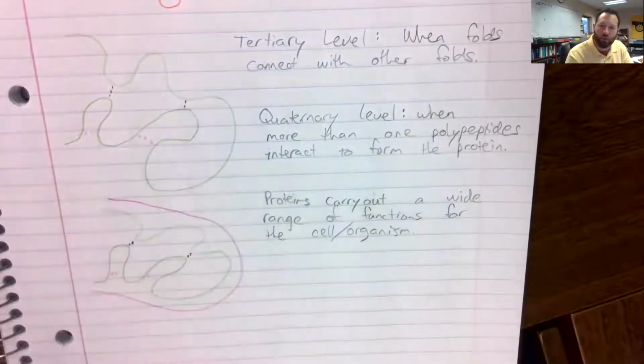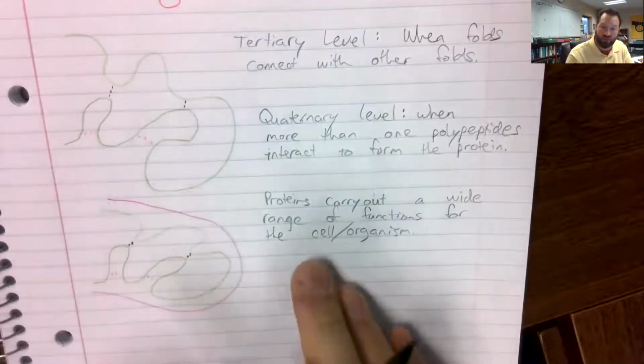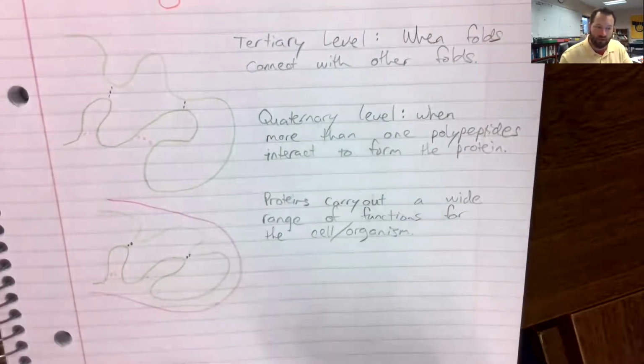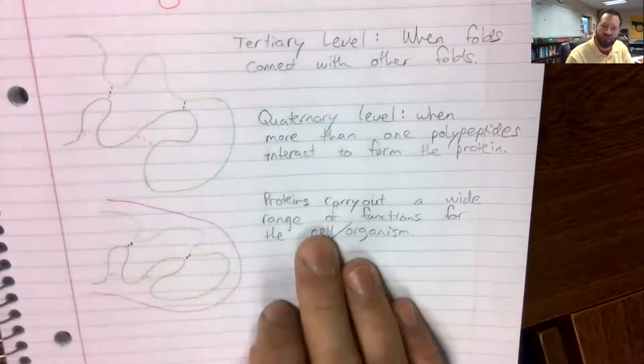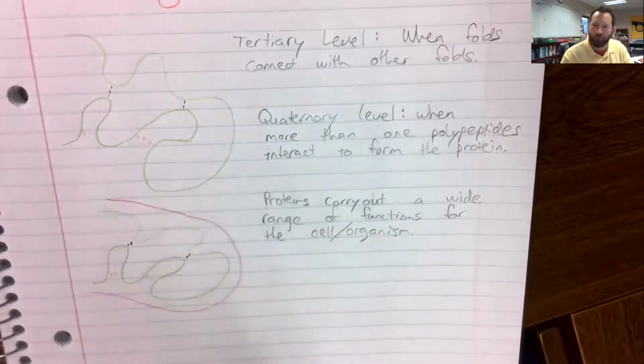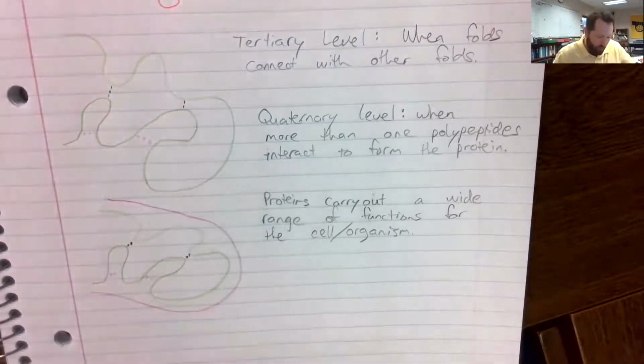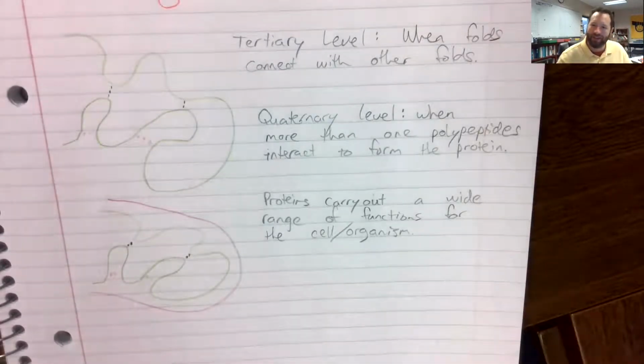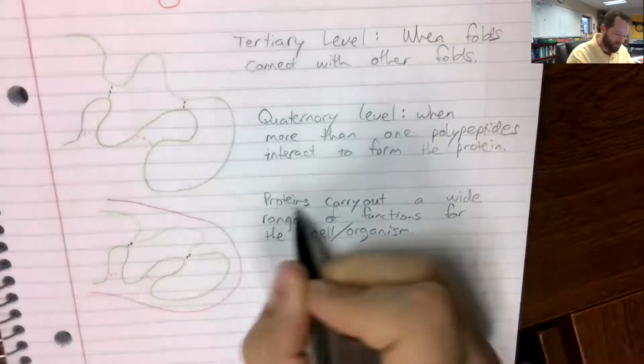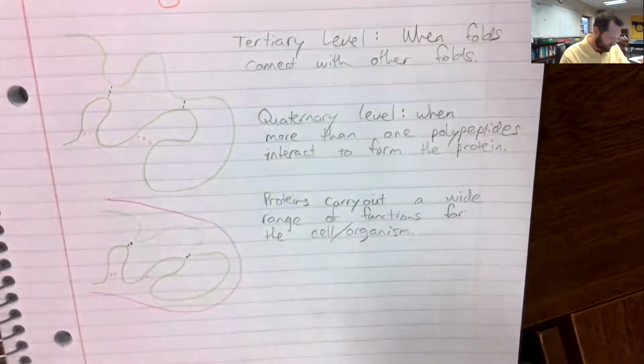A wide range of functions for the cell or organism. Not everything a protein does is just for the cell. Sometimes it's for the overall good of the organism. For instance, hair. The cells that are making my hair probably aren't getting a whole lot of benefit out of the hair, but that's proteins.